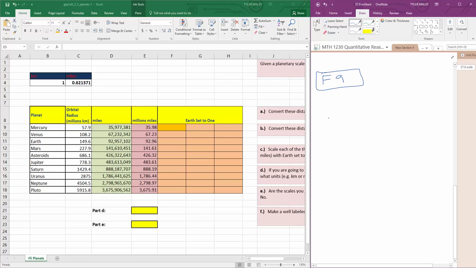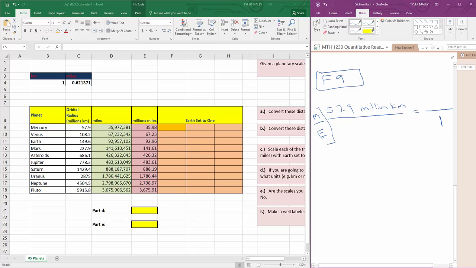right? So let me just do this by hand for a moment. So this box is going to take this 57.9 value, which is in millions of kilometers. And I want to convert this with Earth scaled to 1, right? So in my ratio, I'm doing Mercury to the Earth, so I'll just do M over E just to remind me.